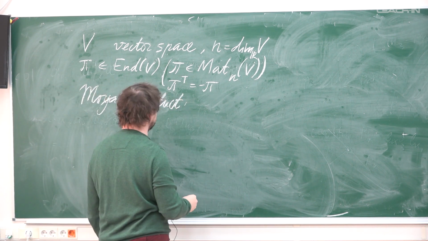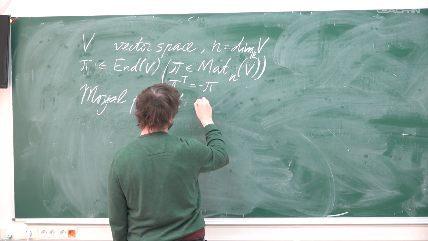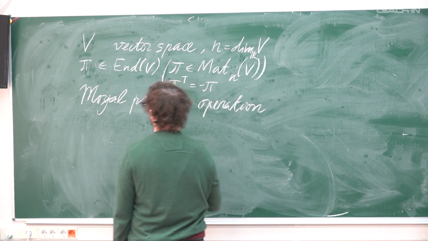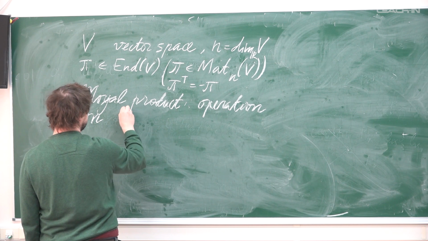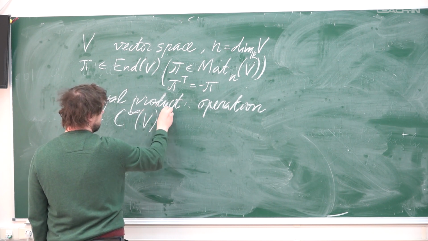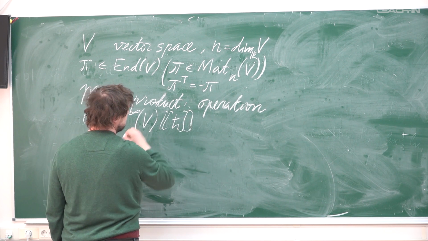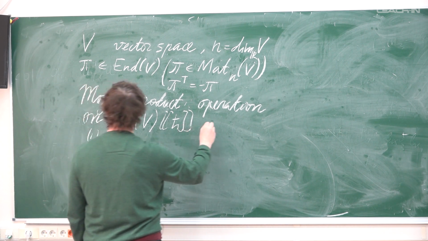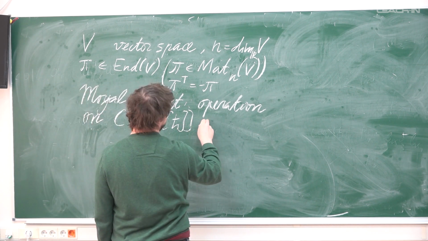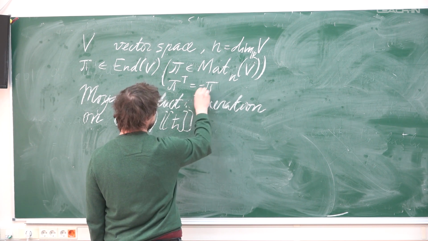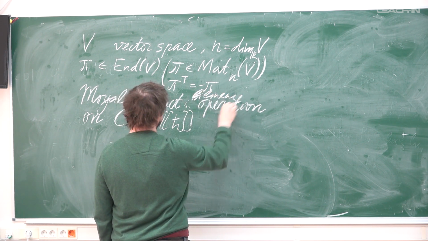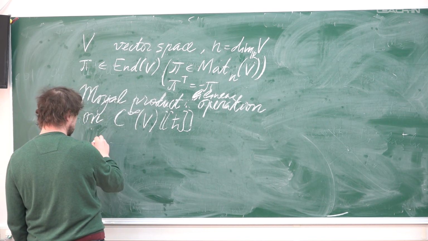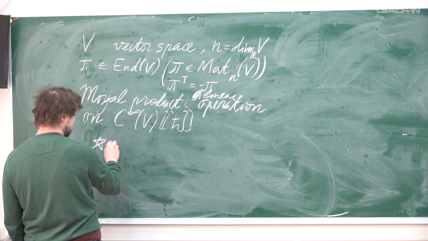Moyal product is an associative product, an operation on the space of smooth functions on V, extended by adding the formal variable h bar, such that first it's a bilinear operation, a binary operation on C infinity V. That is to say, this is a star product.